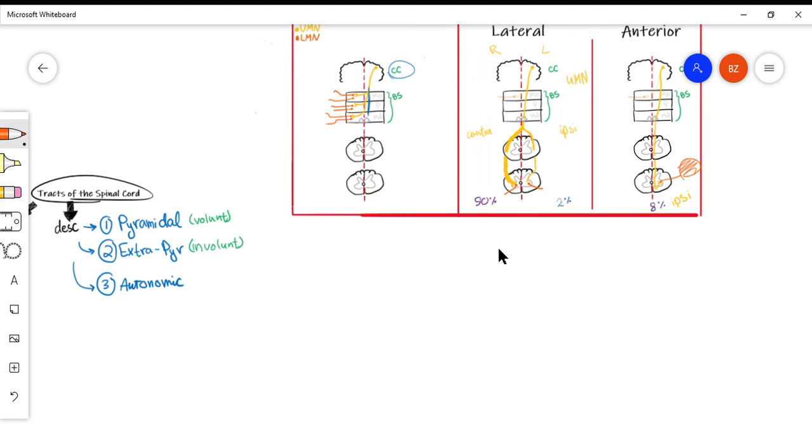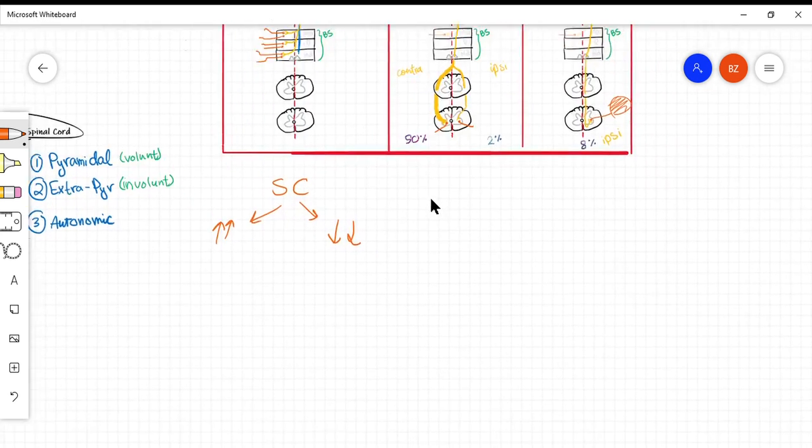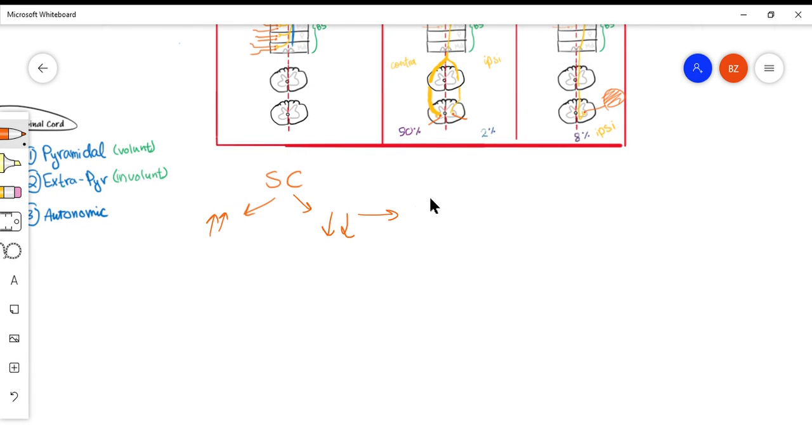So again, we have the spinal cord, and some of it is ascending and some of it is descending, okay? And then the descending has 3 types, right? Type 1 is the pyramidal, and types 2 and 3 are the extrapyramidal and the autonomic. And then this pyramidal, which voluntarily controls our muscles, is of 2 types, either corticonuclear or corticospinal.